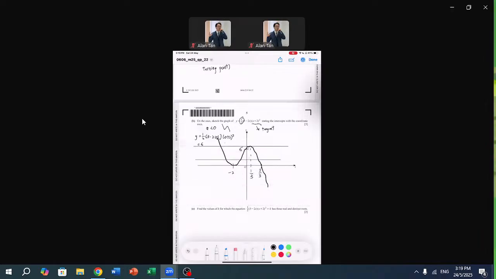As long as you're within this range, you're going to hit 3 solutions.